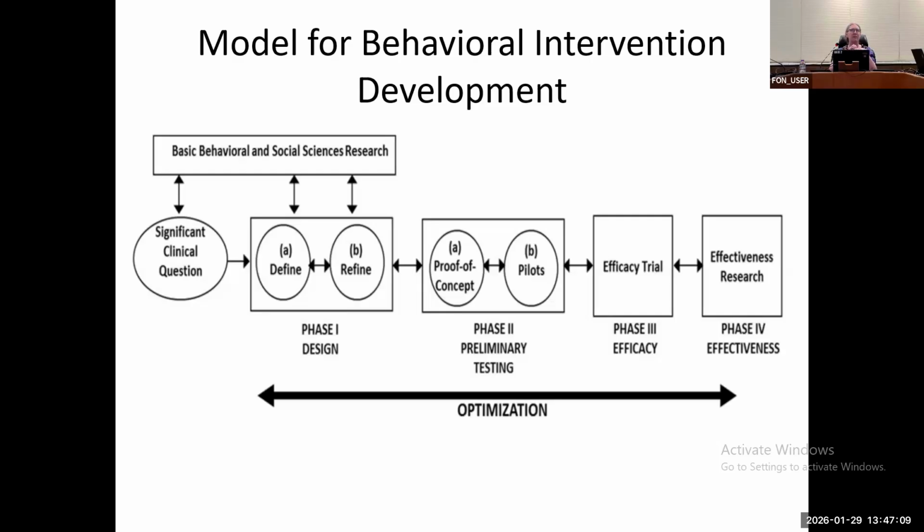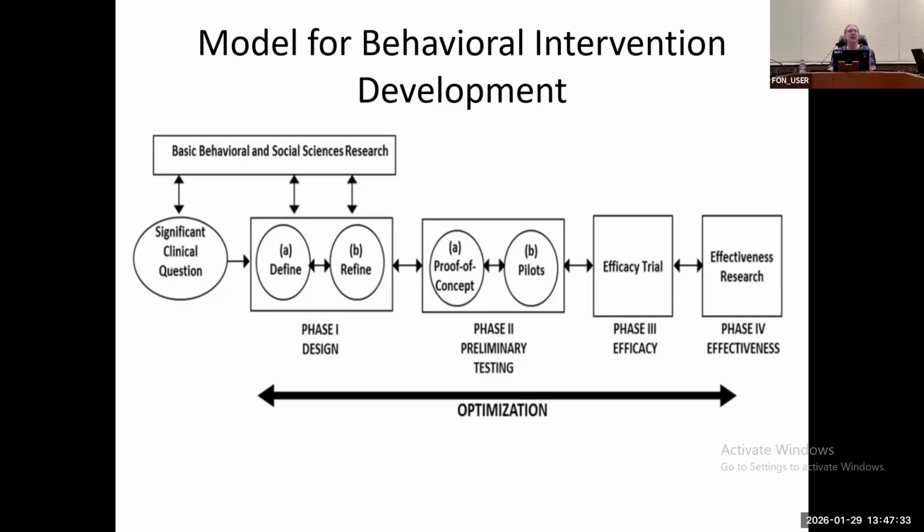With a randomized clinical trial, it's, does this intervention have an effect? With a pragmatic clinical trial, it's, does this intervention work in real world settings, in a regular clinical setting?